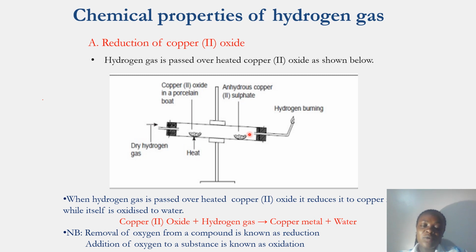This side, the cooler side of the combustion tube, this is where we are going to have our water. So there will be formation of a colorless liquid at that point. That colorless liquid will be water. That liquid is going to turn this anhydrous copper 2 sulfate from white to blue. That will indicate that the colorless liquid that is formed there is water.